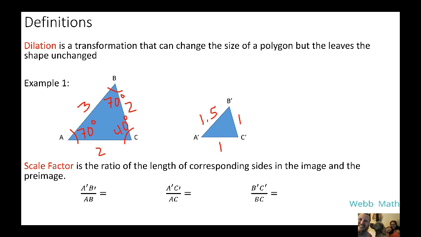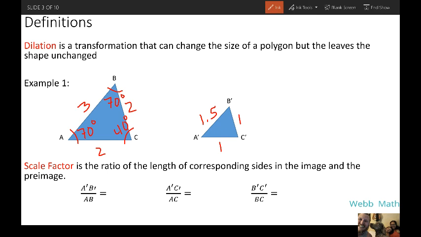So here we are. We're going to set it up. Ratio is another fancy word for a fraction. A prime B prime was the distance of 1.5. And the distance of AB was 3.